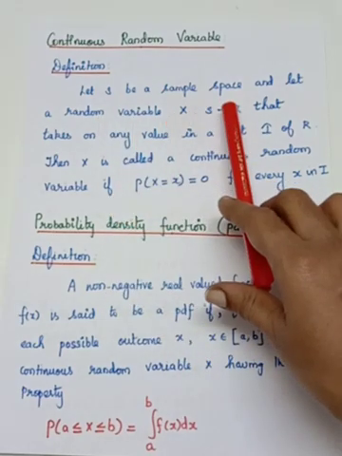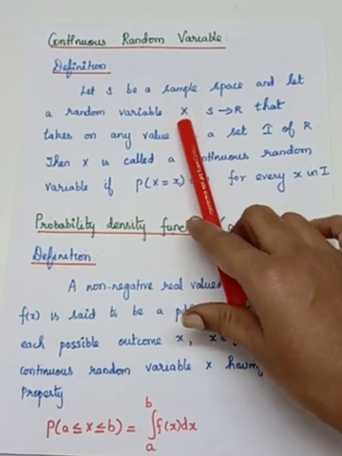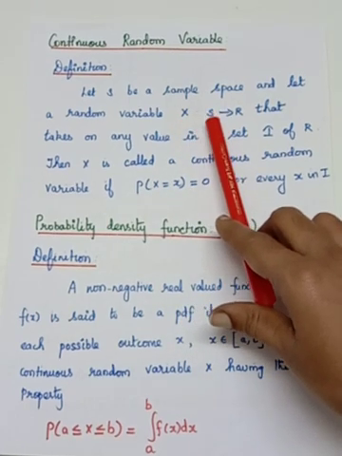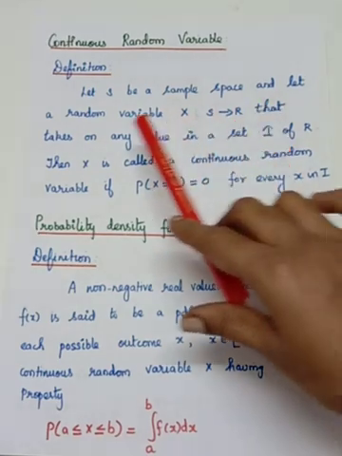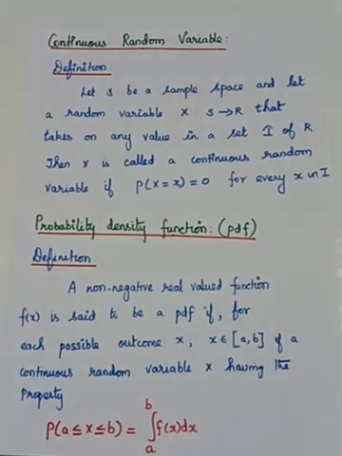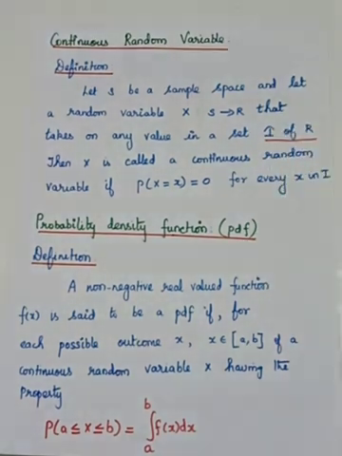Let S be the sample space, and let a random variable X be a real valued function from S to R that takes on any value in a set I of R. I is called the interval.